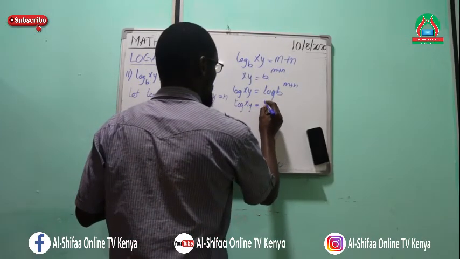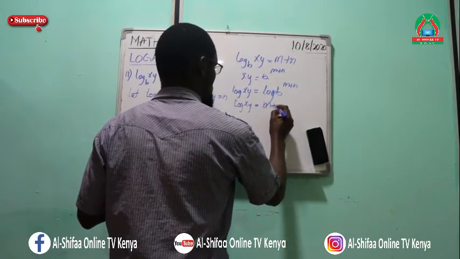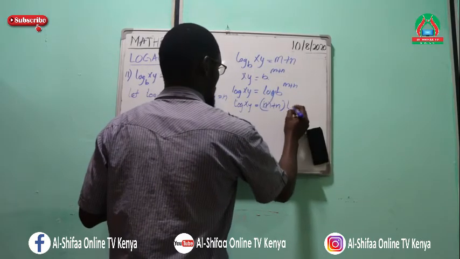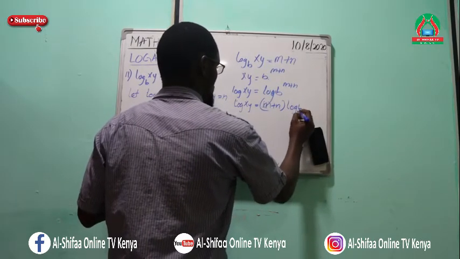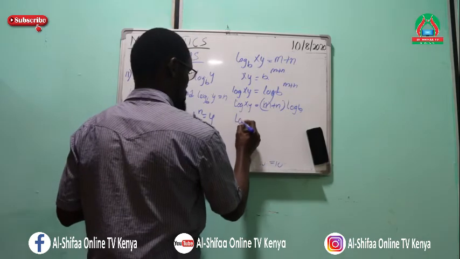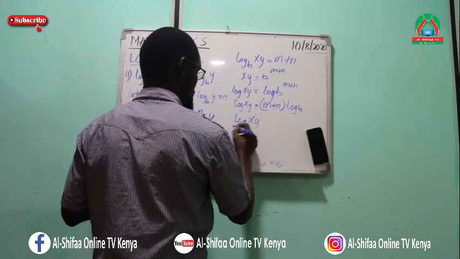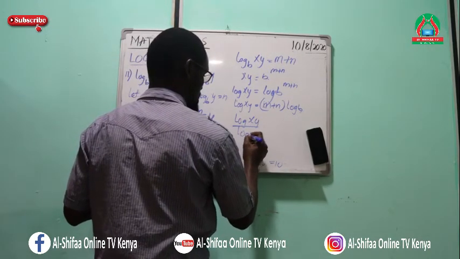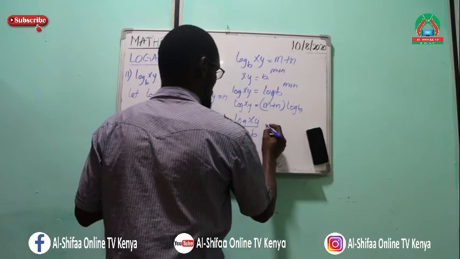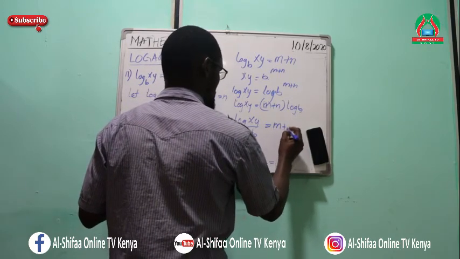So log xy is equal to m plus n log b. So it is equal to log xy over log b, which is equal to m plus n.